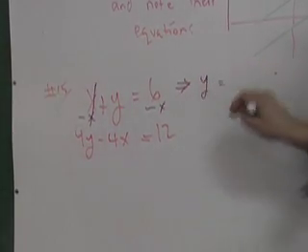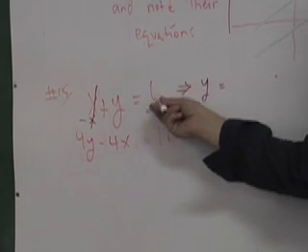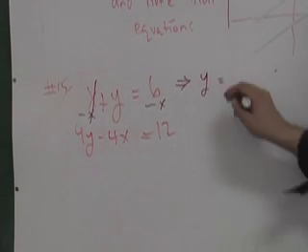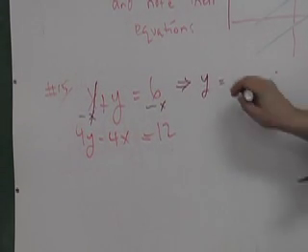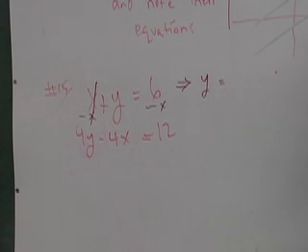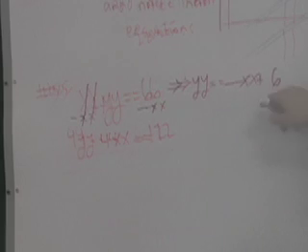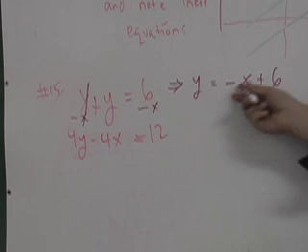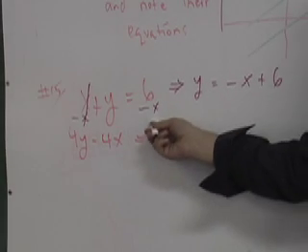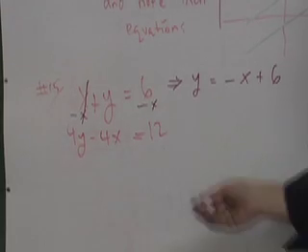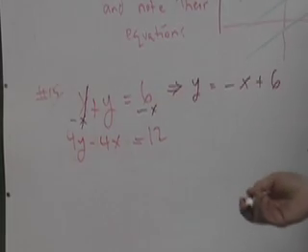This is y equals. Now, some people are having problems with this and this. How would you write that? Negative x plus 6. Y equals negative x plus 6, because this is negative x, it doesn't suddenly turn into a positive. This is positive 6 and it doesn't suddenly turn into a negative.